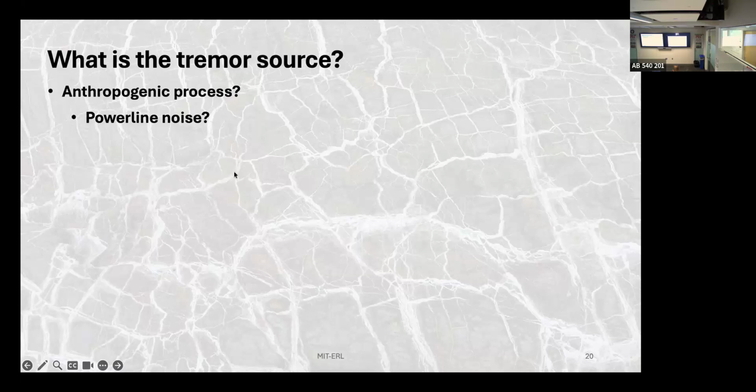For example, there is something called power line noise, which is sometimes observed on seismic data collected near high voltage power lines. People think that this noise is due to electromagnetic induction from the AC current running in the power lines.